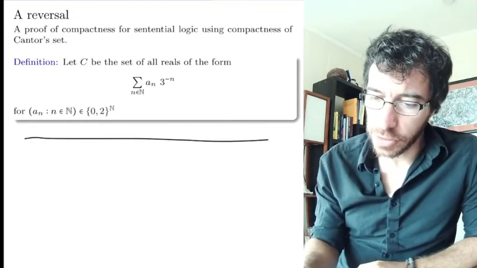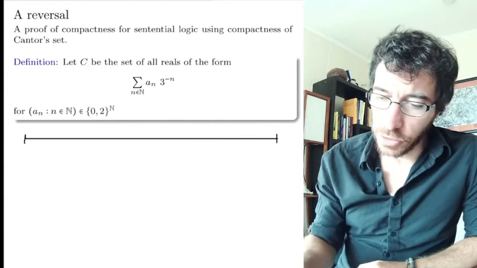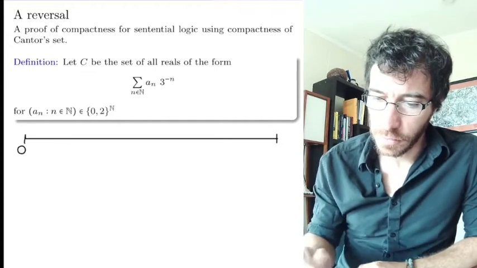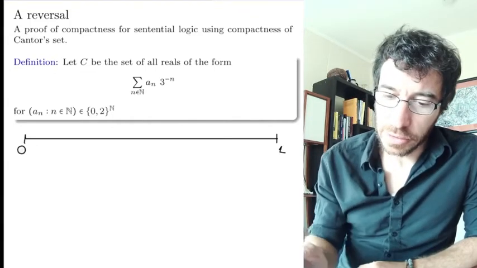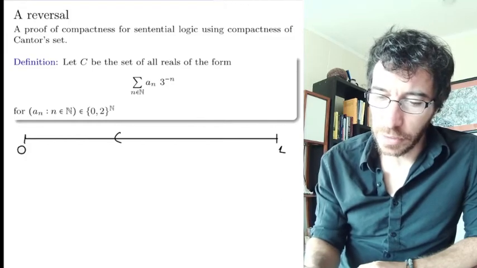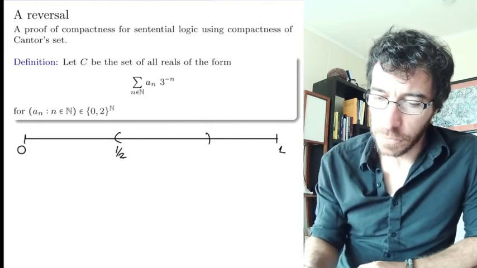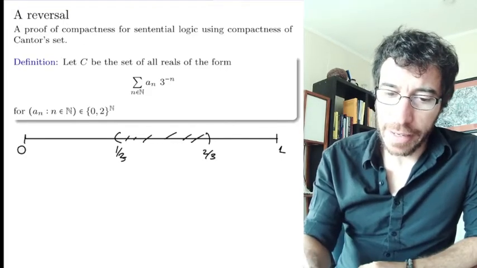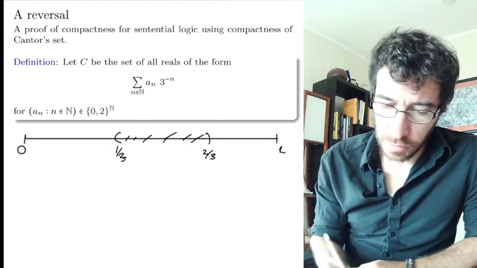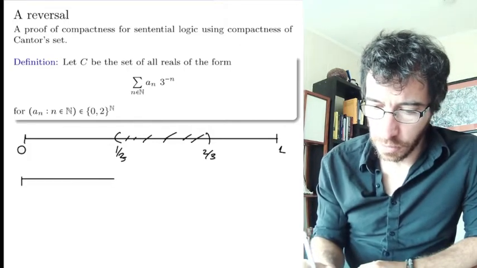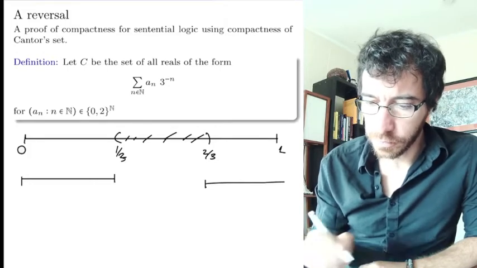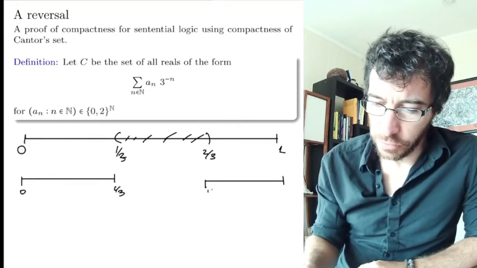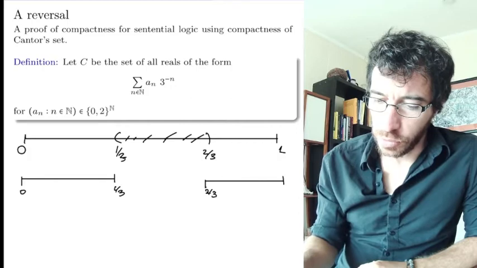So you start with the interval 0, 1, and you remove from it the middle interval, 1/3 to 2/3. We remove that one, and we are left with two closed intervals, from 0 to 1/3 and from 2/3 to 1.